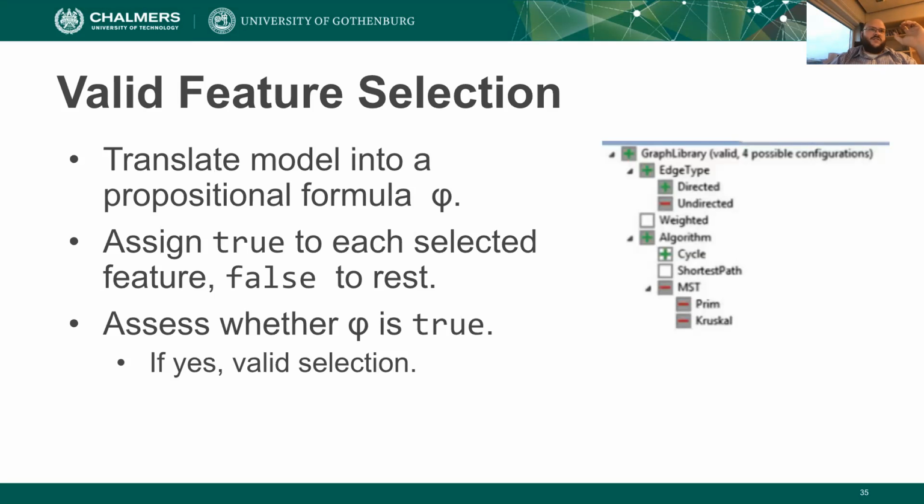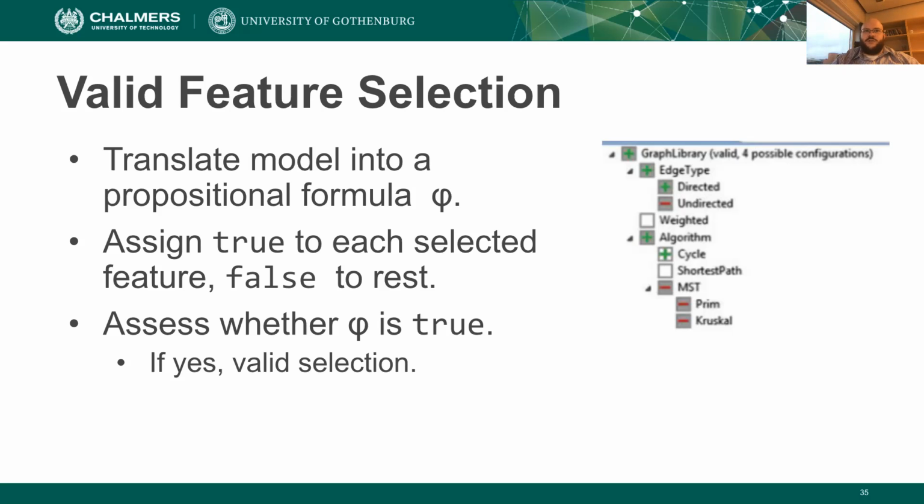A feature selection, the set of features we've chosen for a model, is valid if and only if the interpretation of the formula where we assign true for every selected feature and false otherwise is a valid solution to that formula. So we go through this formula, substitute every variable corresponding to a selected feature with true and every other variable with false. Our feature selection is valid only if the overall formula is true after we plug in true for the selected features and false for the ones we did not select.